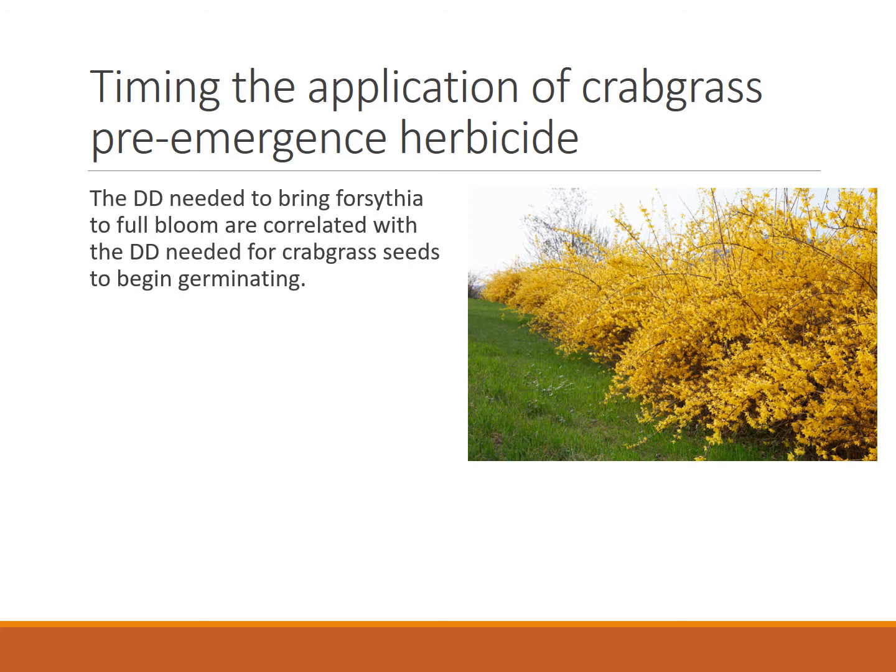If you're a homeowner and you're thinking about applying your crabgrass pre-emergent herbicide to your lawn, there's always a question of, well, when do you do that to get maximum effect?